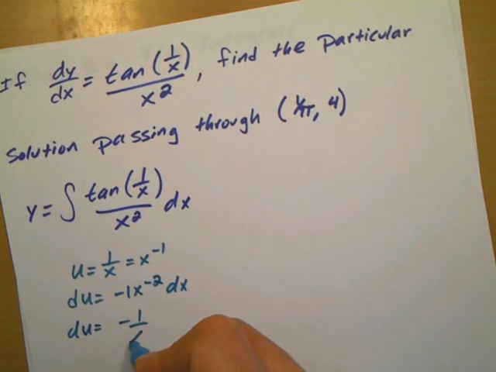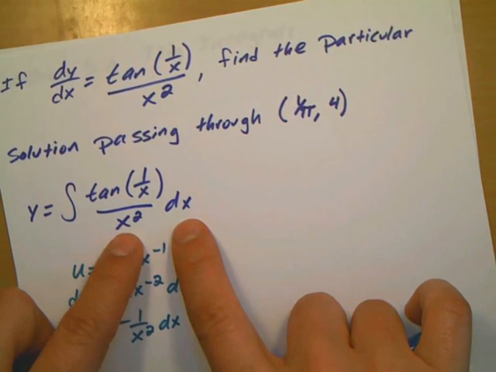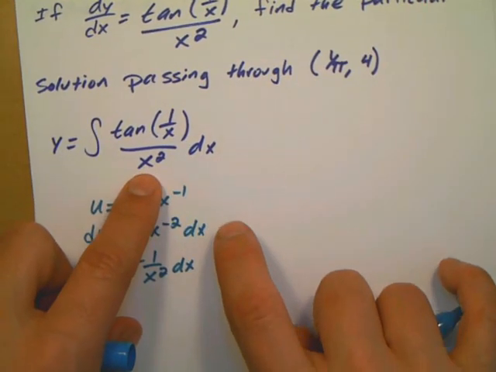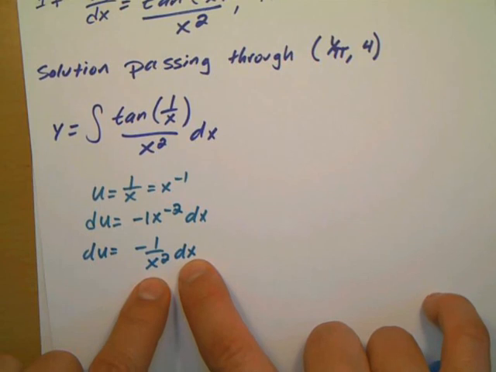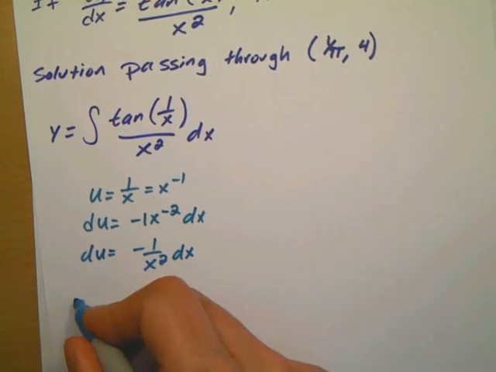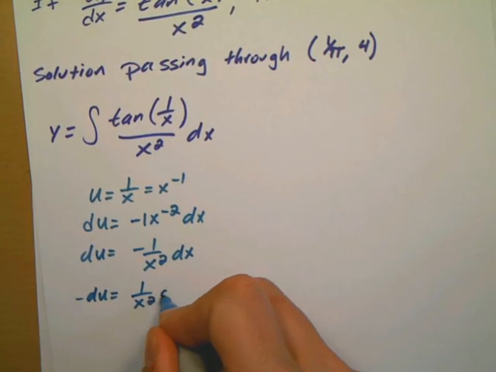And you should recognize this as negative 1 over x squared dx, which is what I have. I have x squared in the denominator and a dx next to it, which is what I have right over here. I don't have this negative, so I have to divide this over. So now it matches with what I have.